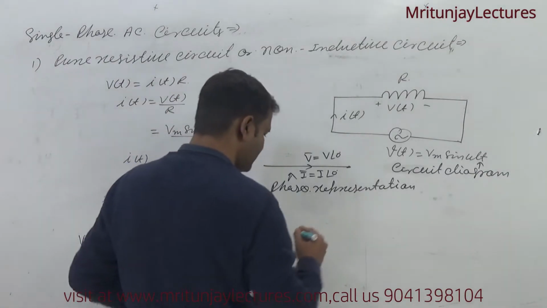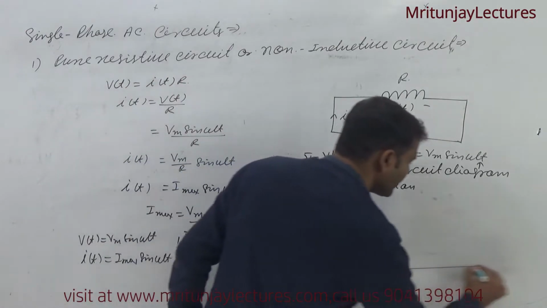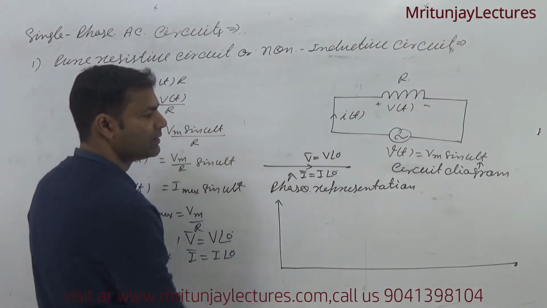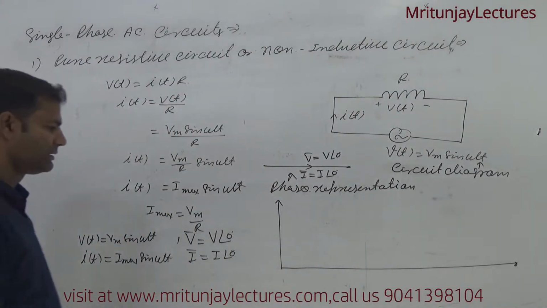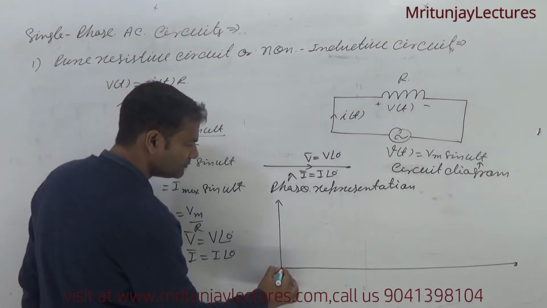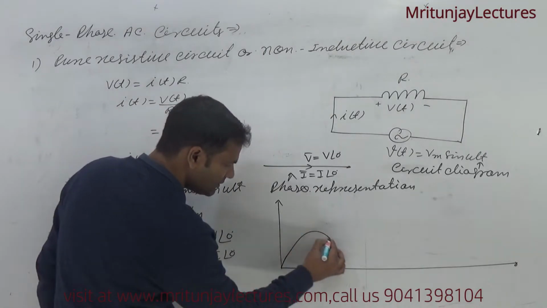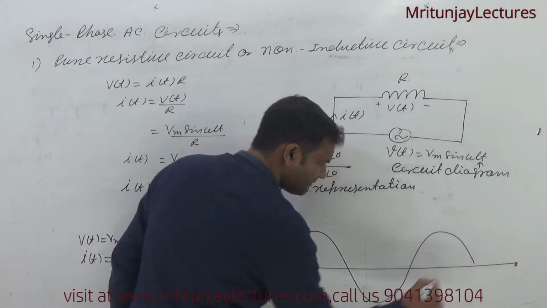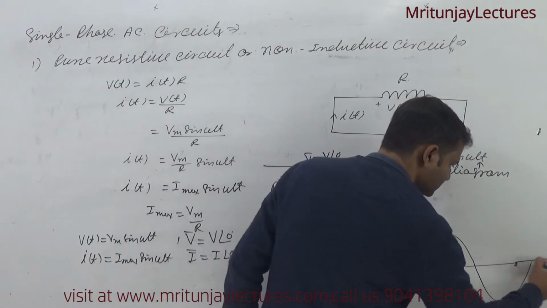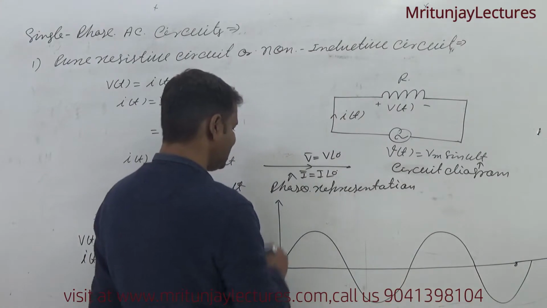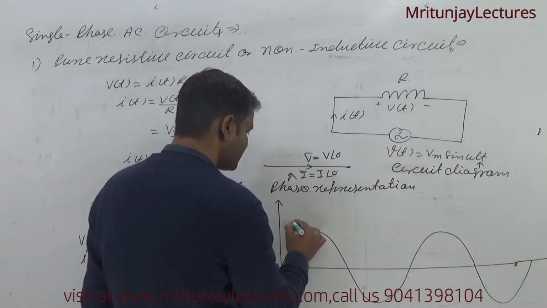If you want to make the wave diagram, then the expression for the wave is like this. Vt is equal to Vm sin omega t. If you plot the Vm sin omega t expression, it looks like this. This expression is Vt.